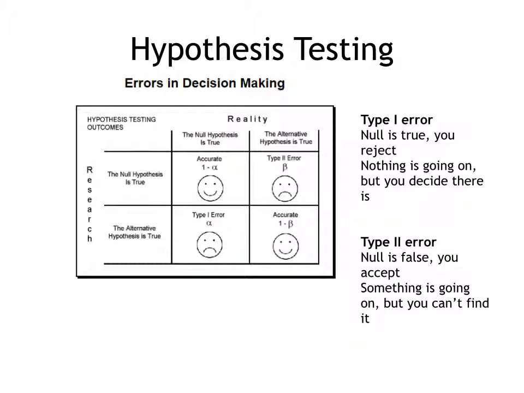So I do different things depending on which type of error I am most worried about making. And you will most often see people worried about a type 1 error. But I could argue that a type 2 error is awfully important. If there was some intervention that did some good, but I didn't find it, what a shame and what a waste to the world. So a type 2 error should never be discounted.